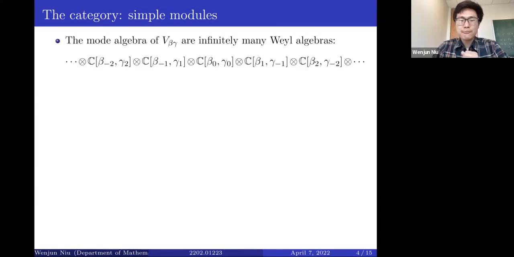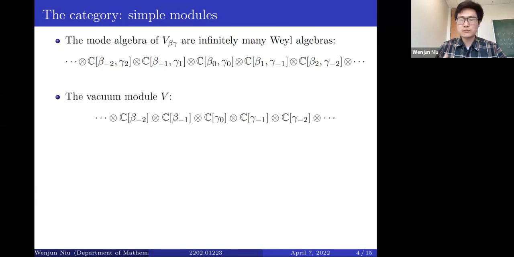The modules of a VOA are equivalent to smooth modules of the mode algebra. The mode algebra of beta gamma is a really nice algebra. It's just a tensor product of infinitely many Weyl algebras, or if you wish, the completed version of it.